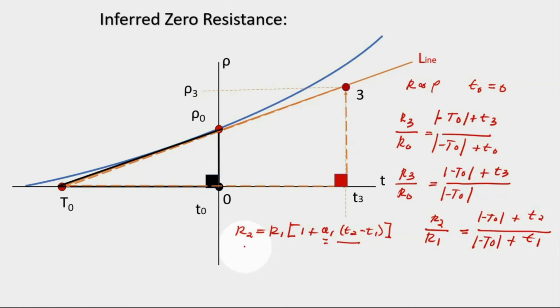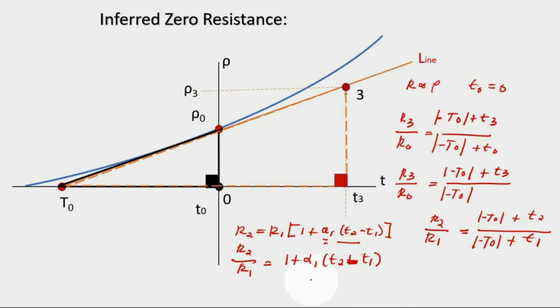Now if you are going to manipulate this one, you have here R sub 2, R sub 1, you place it on the left side as denominator, and what remains is 1 plus alpha 1 times T sub 2 minus T sub 1.